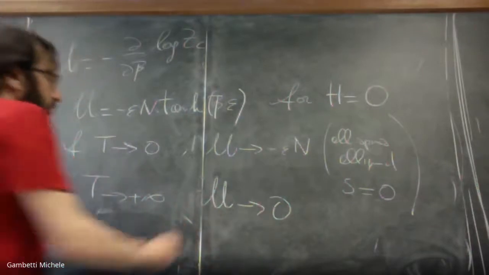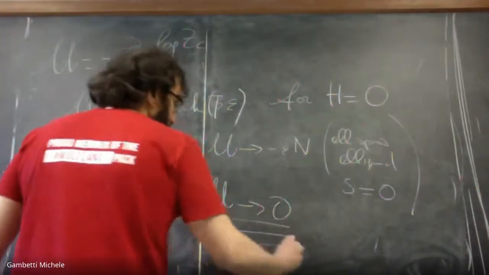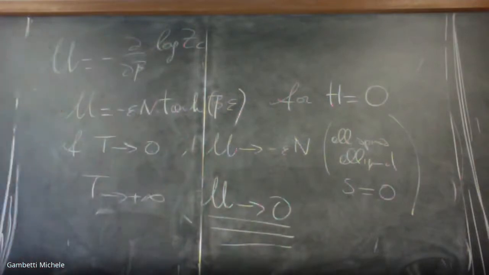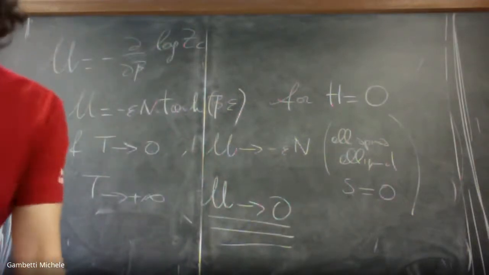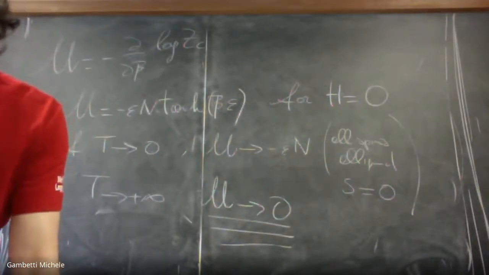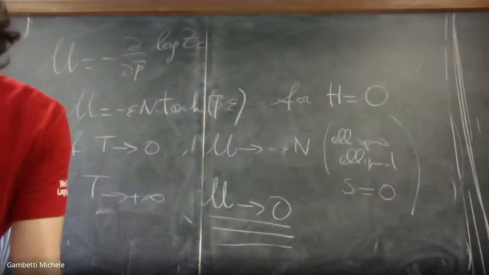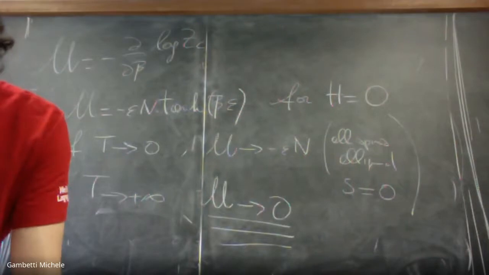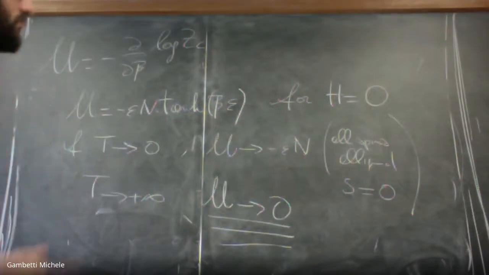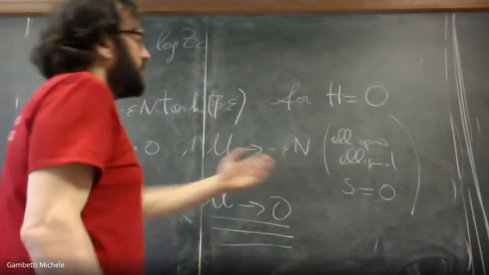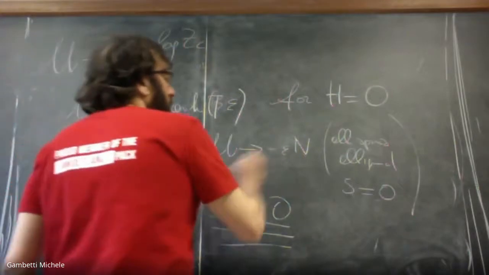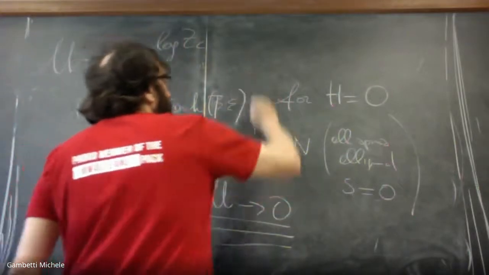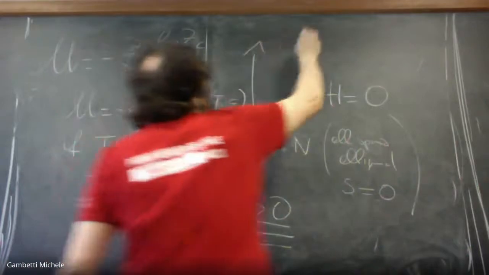Okay, u equals zero. And in that case, of course, there's no magnetization, there's no preferred orientation.